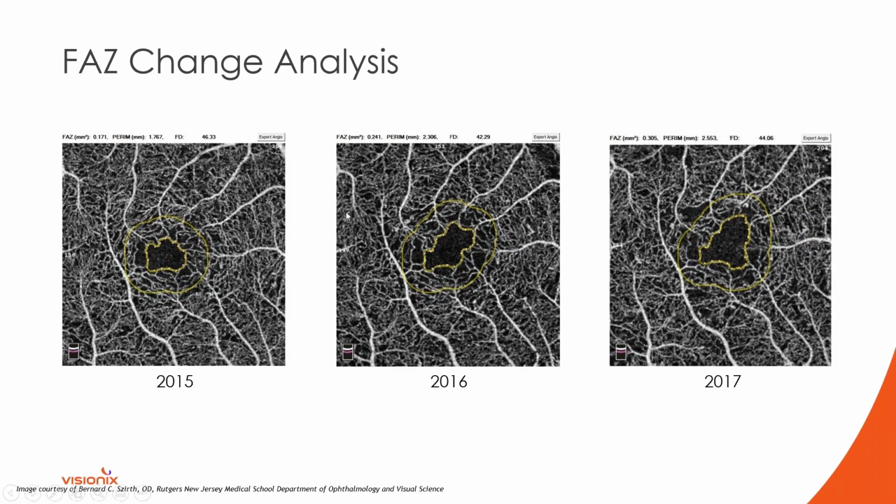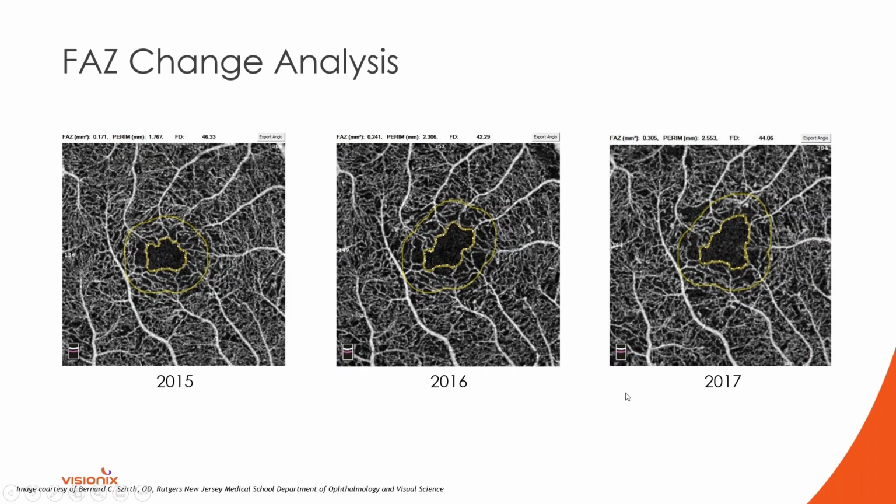Once again, we use this automated FAZ quantitative assessment, and the machine is now measuring the FAZ as 0.241. Remember that bigger FAZ equals less perfusion, less capillaries. So this patient is worsening. And then we see them back in 2017, and now the FAZ is 0.305.